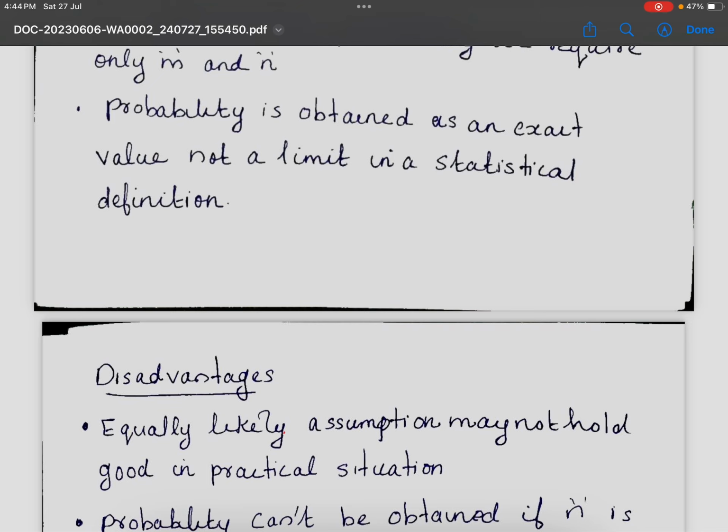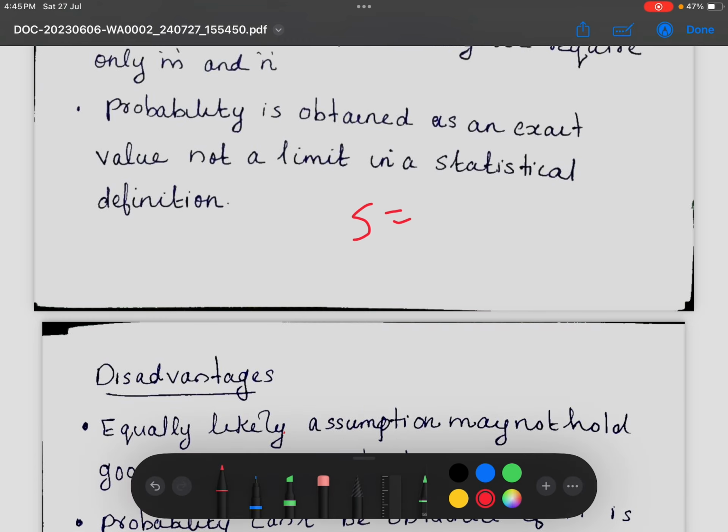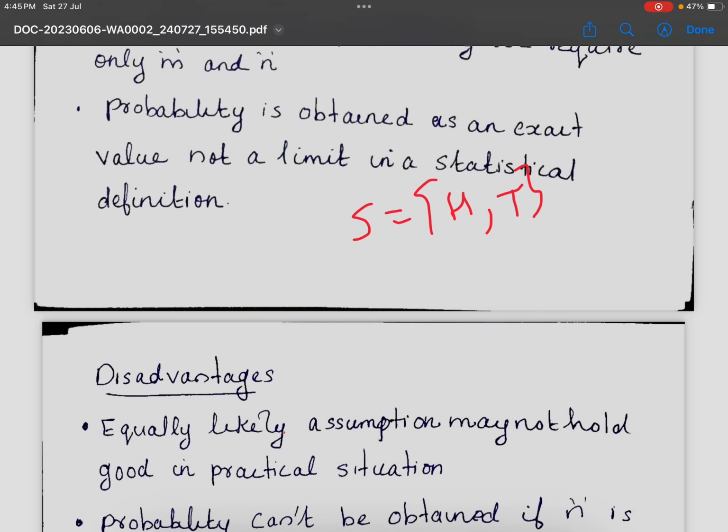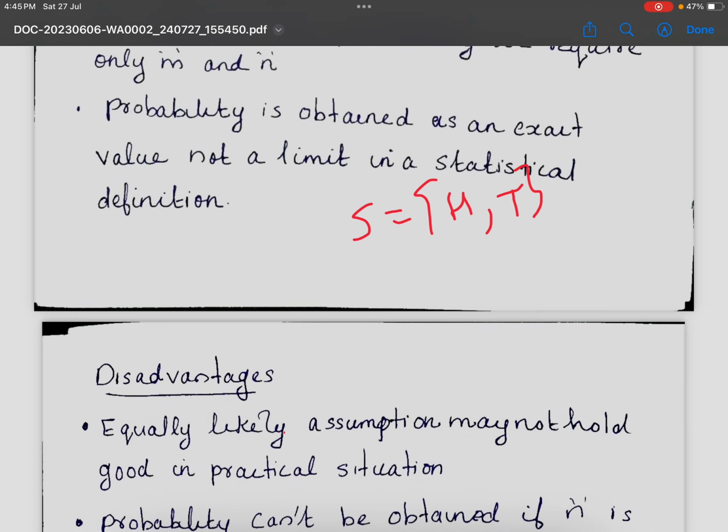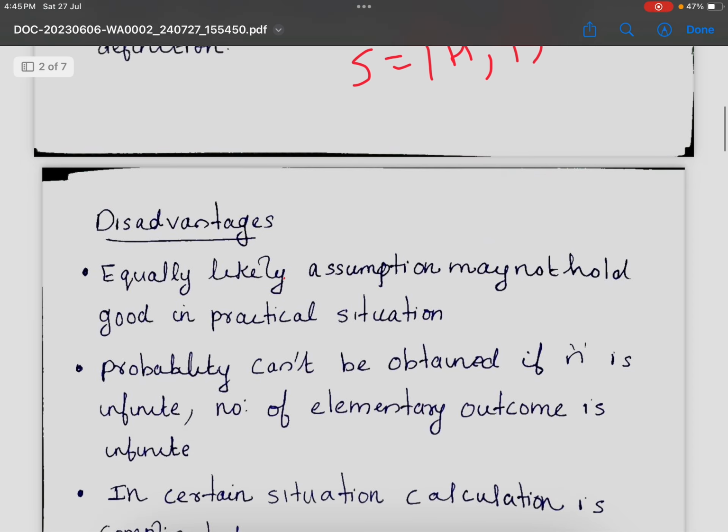For example, if you toss a coin, the sample space is head and tail, and the occurrences of head and tail are equal. That is the equally likely assumption. But the disadvantage is that this assumption may not hold good in practical situations.